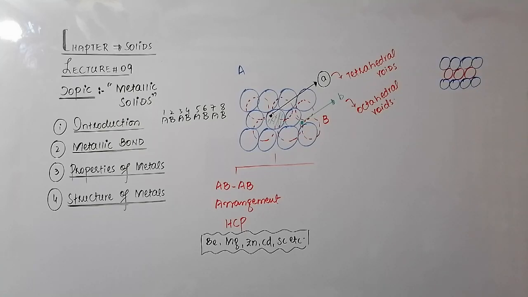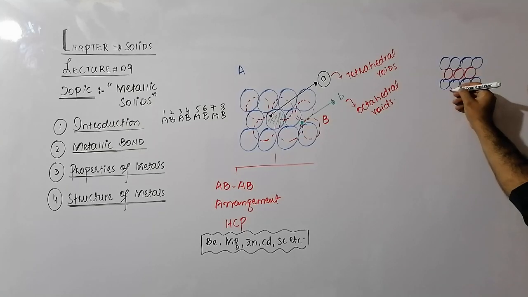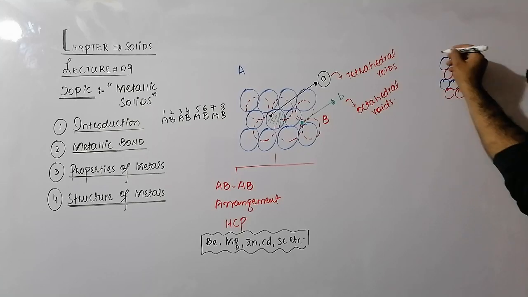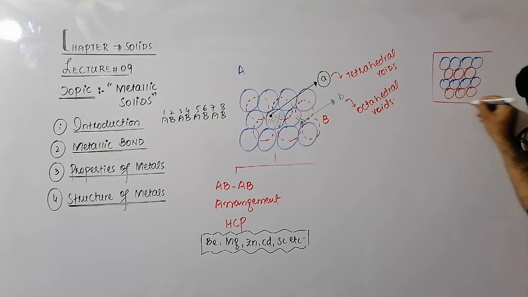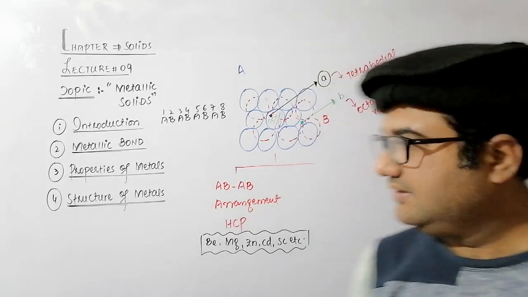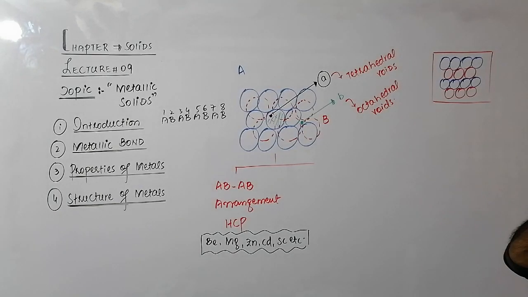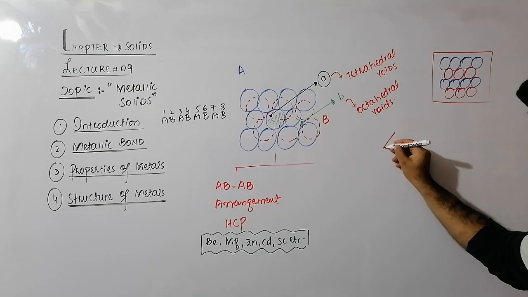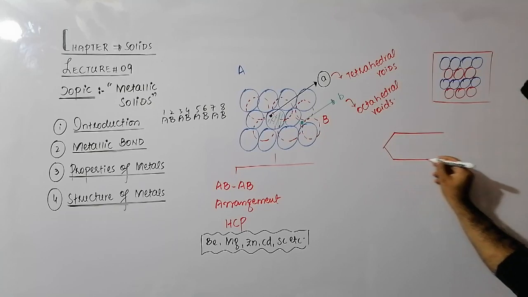So again atoms of the B layer. And you will repeat it again and again. It will be the hexagonal close packing, or it will be the AB arrangement. Now, this AB arrangement can also be shown like this, in hexagonal form.